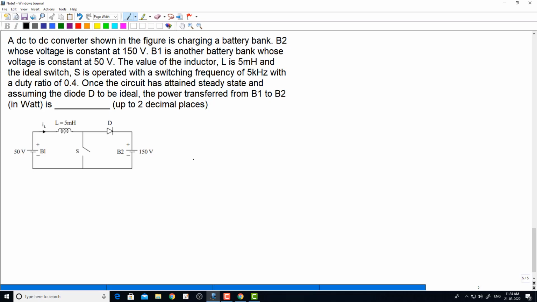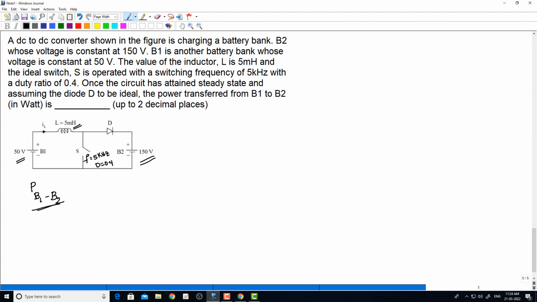Using this information, let us solve the problem. Given data: B2 is at 150 volts and B1 is at 50 volts, and the value of the inductor is 5 millihenry. All the switches are ideal, the switching frequency f is equal to 5 kHz, and the duty ratio D is equal to 0.4. What we need to find out is the power transferred from B1 to B2.